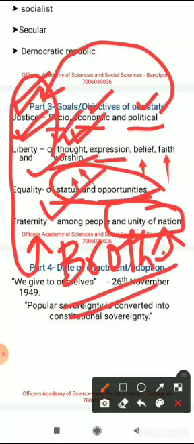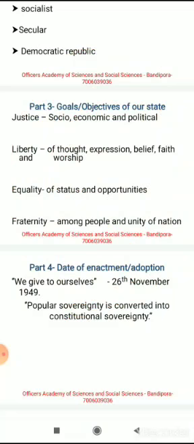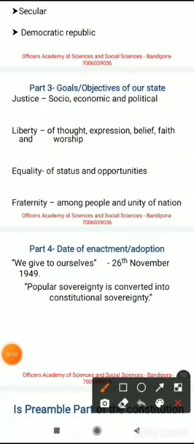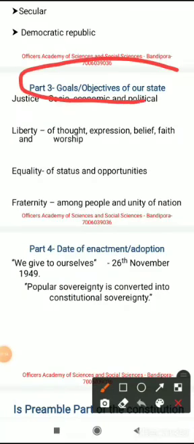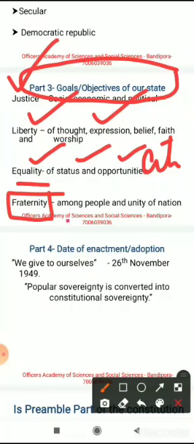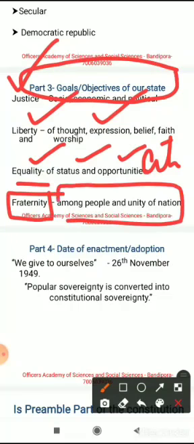So this is the third part, which explains the goals or objectives of our state, that is to achieve justice, to give liberty of thought, expression, belief, faith, and worship, to ensure that there is equality of status and opportunities for all citizens, and by these things we shall achieve fraternity, that is the brotherhood and unity among all the citizens.